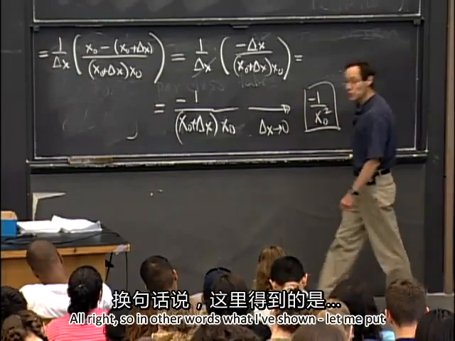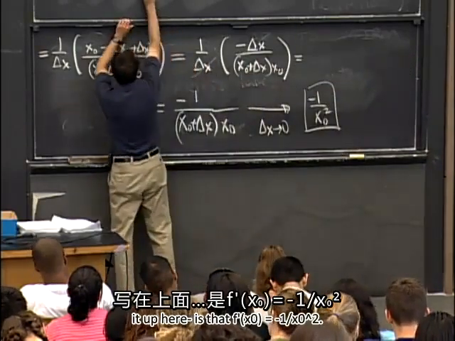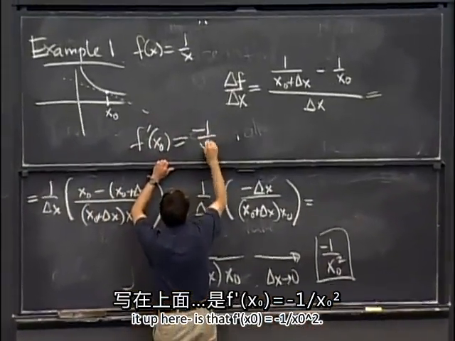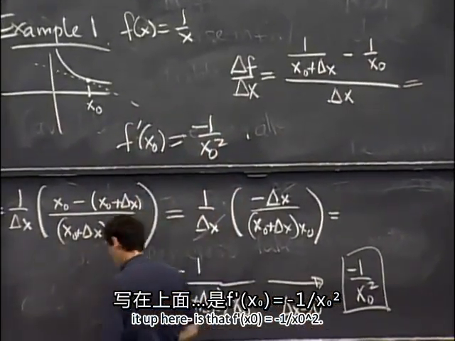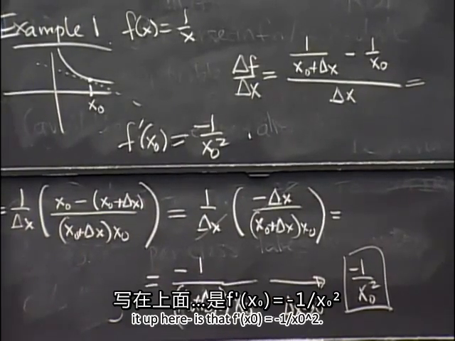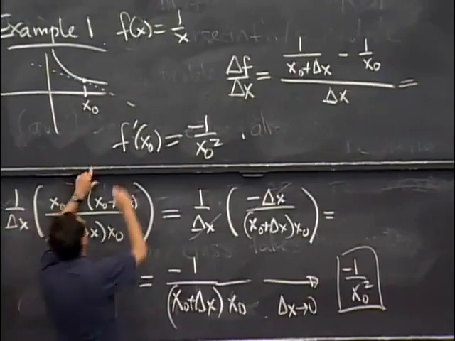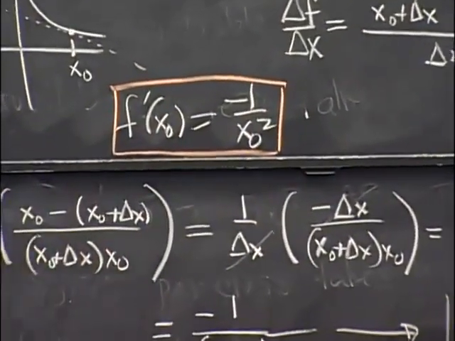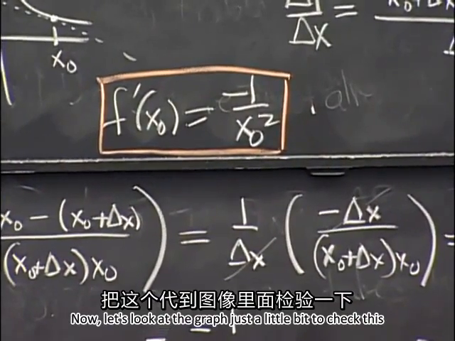Right, so in other words, what I've shown, let me put it up here, is that f prime of x0 is minus 1 over x0 squared. Now, let's look at the graph just a little bit to check this for plausibility, all right?